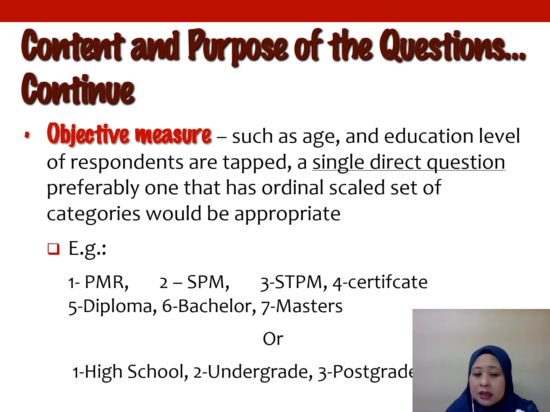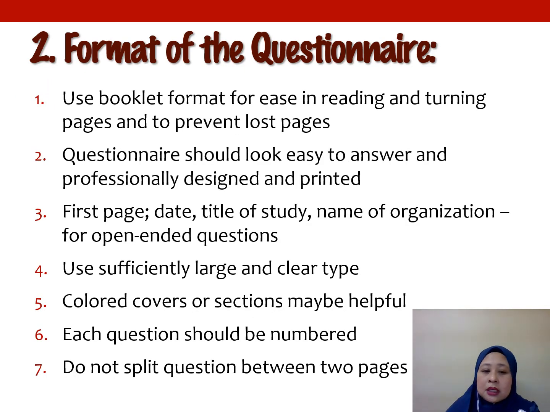And then there is the demographic profile, which you usually use for profiling your respondents. Usually you will answer more on the objective measures, such as level of education or age, right?